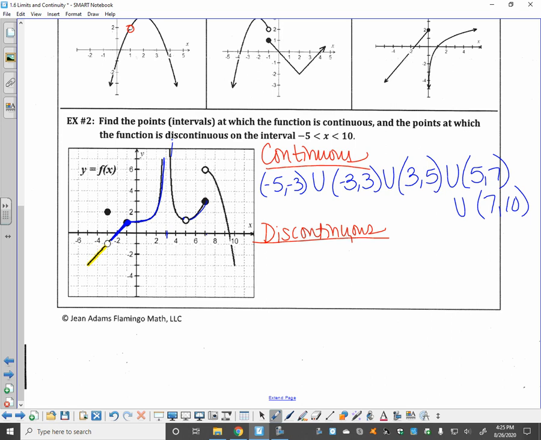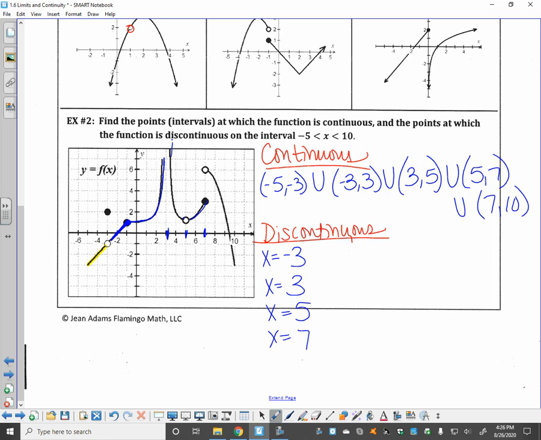Now I am discontinuous at specific places, not intervals, places. So I am discontinuous at, first place is -3. I am discontinuous, and I'm going to label what kind it is off to the side. I am discontinuous at 3. I am discontinuous at 5. And I am discontinuous at 7.